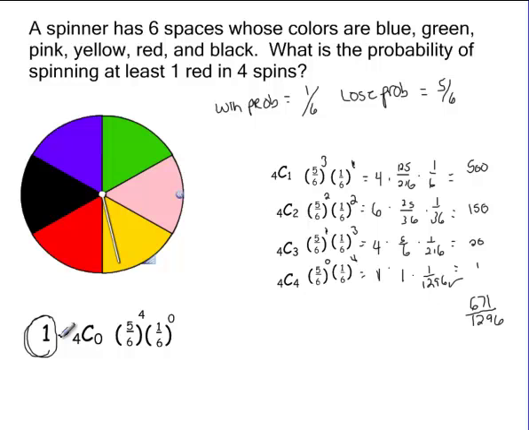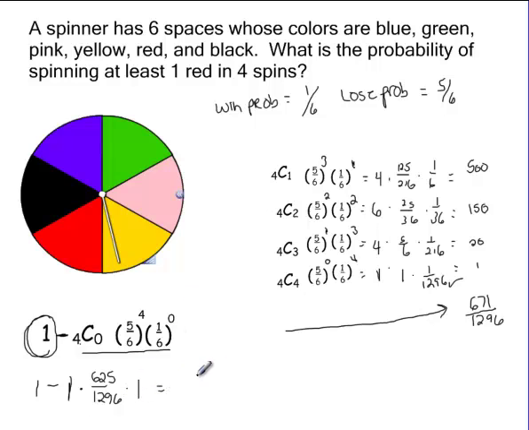So if I take away from 1 the only shot I've got at losing, I'll come up with all my winning shots. 1 minus 4C0 is 1. 5/6 to the 4th power, 625 over 1,296. Anything to the 0 power is 1.